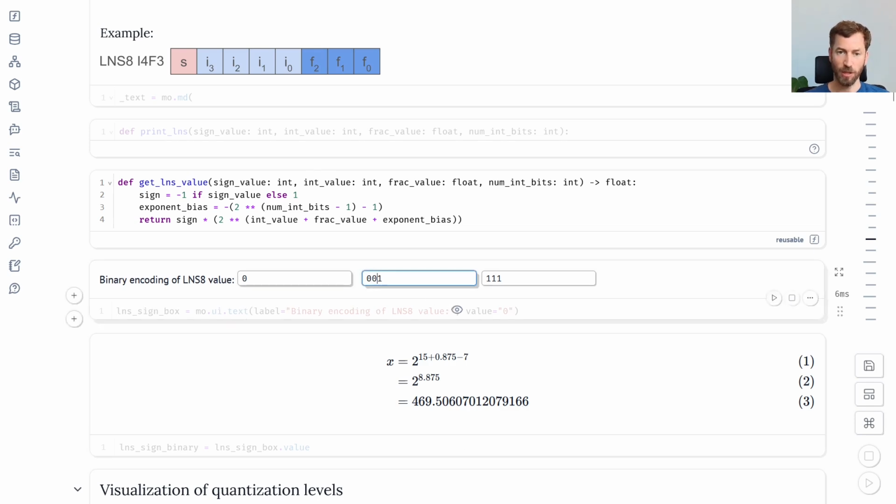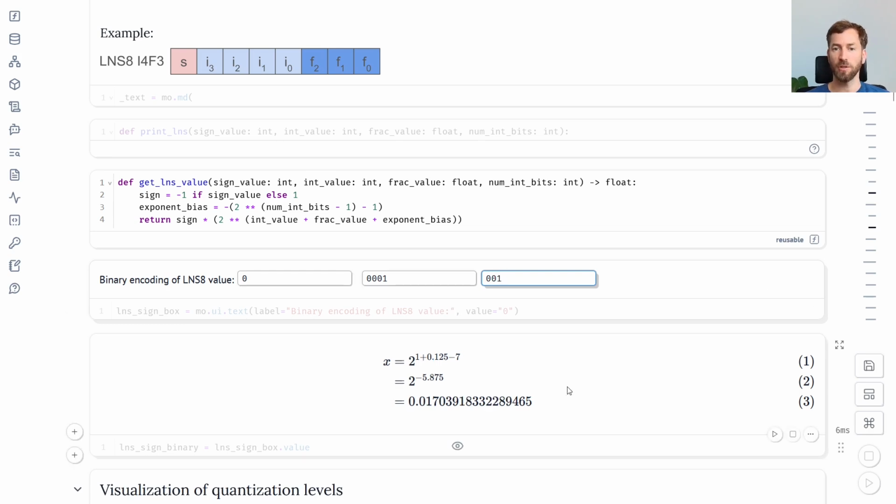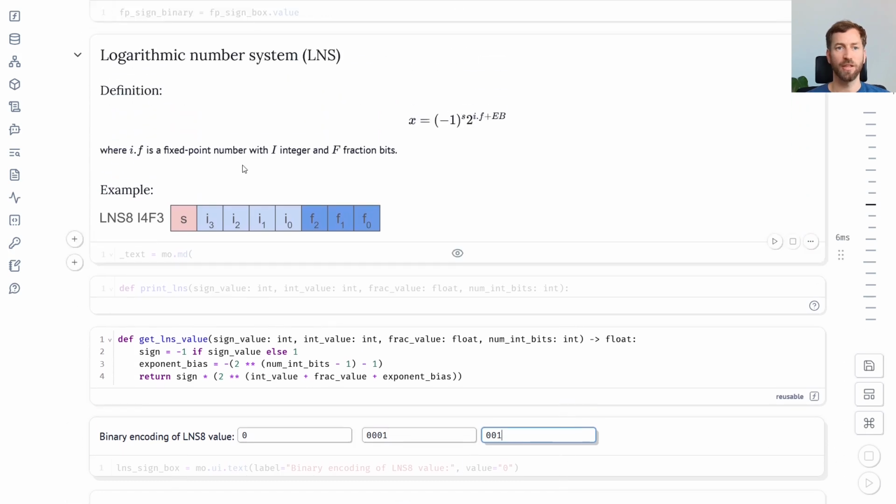So again, we can just reduce the value for exponent and mantissa and generate all the code points of this data type. You may have wondered why I introduced this rather exotic data type over here. I did that because this data type becomes very handy in the context of logarithmic math. So I will show this later in this notebook.